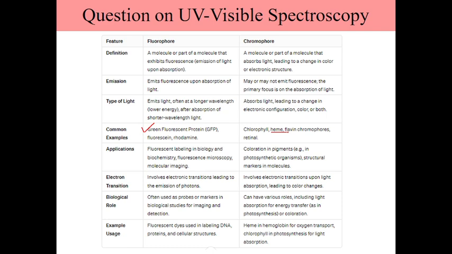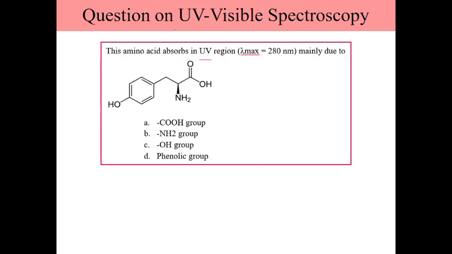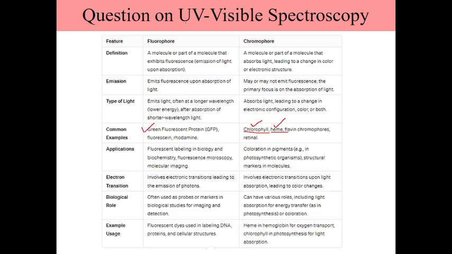It is made up of hemoglobin and therefore it is red in color. Chlorophyll makes plants green in color and therefore it is a chromophore. This is what you need to remember. A chromophore is therefore different from a fluorophore. Whenever you can get time, go through this in detail.